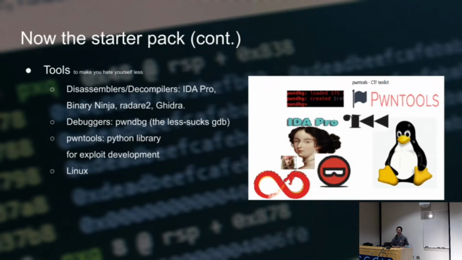It has a bunch of classes and functions that are going to help you interact with services, like remote services and binaries, and help you format the numbers inside memory. If you know little endian and big endian, it's kind of messed up when you do it by hand.